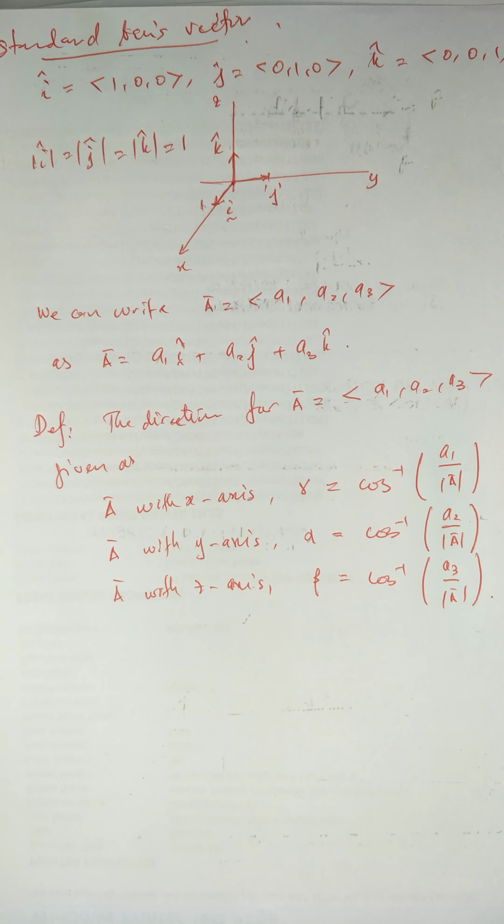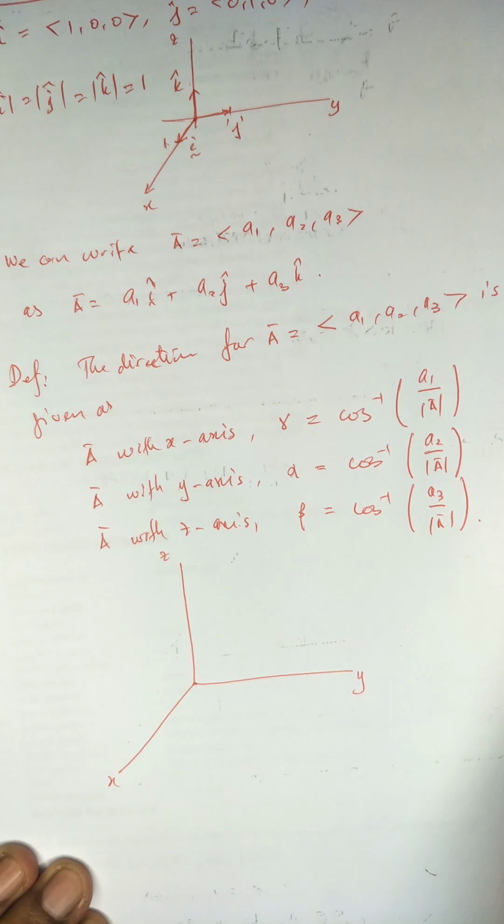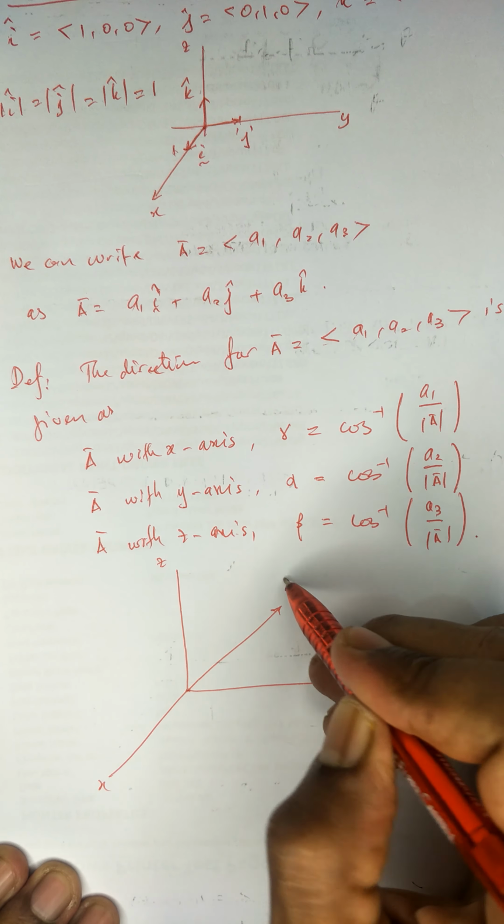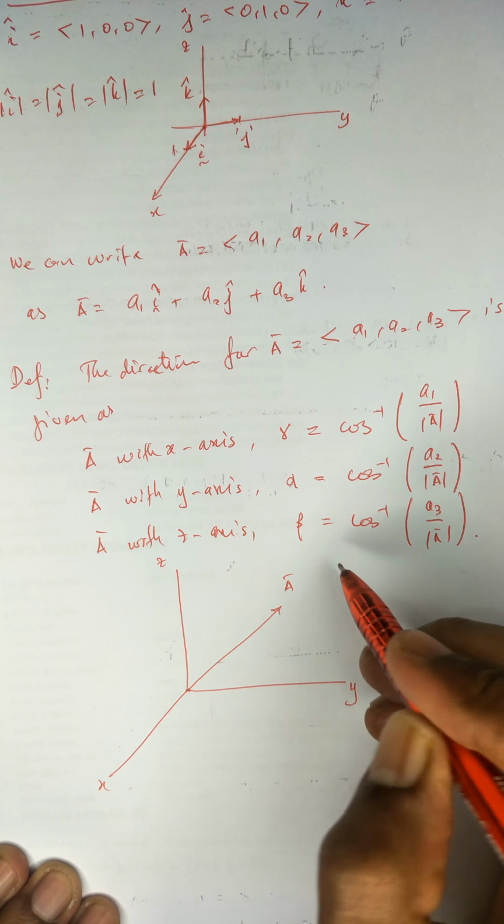So we can visualize this in the diagram. Let's say this is our x, y, and z, and we have a vector A with components A1, A2, A3.